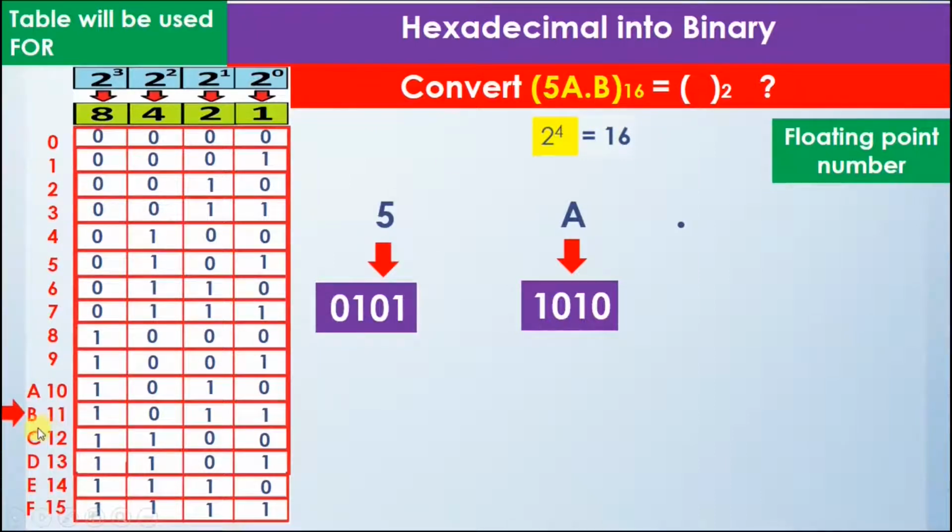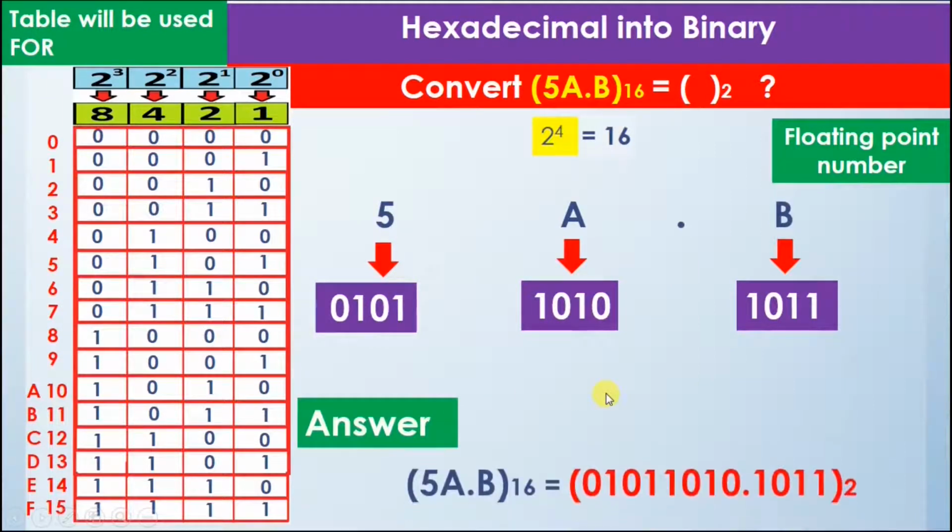Here is the value of b, and the binary value of b is 1011. So we write b as 1011. By combining them all together, we will find the final result. So we can say that the answer is 01011010.1011 in binary. Or we can say that the hexadecimal number 5a.b is equal to this number in binary.